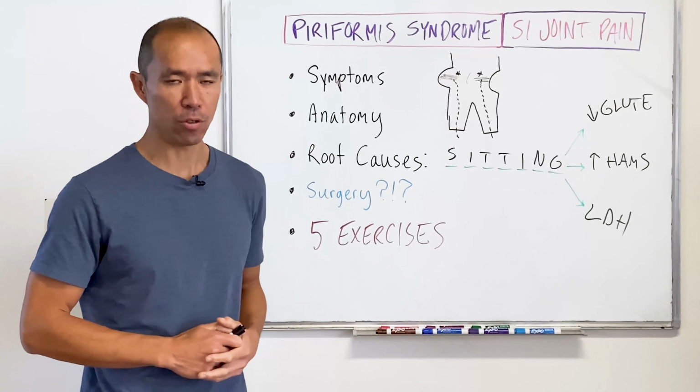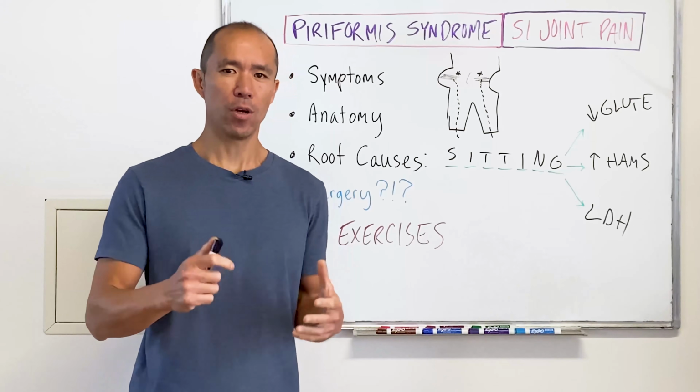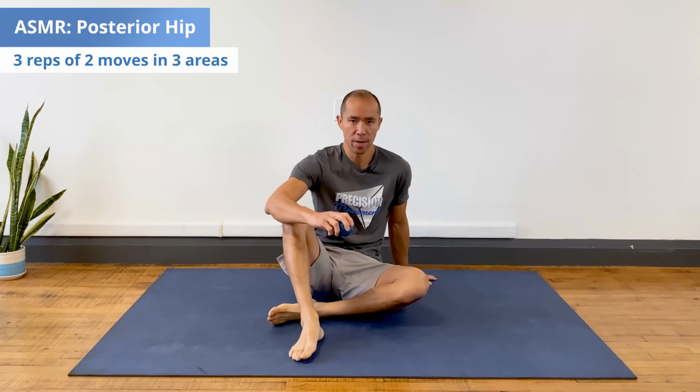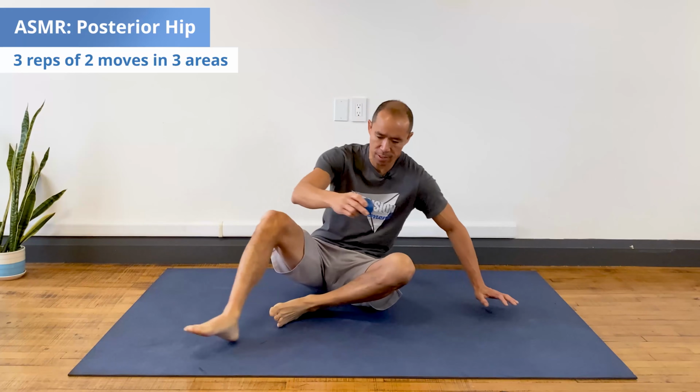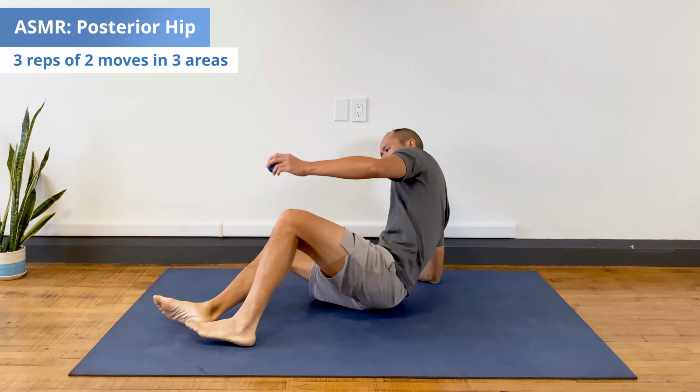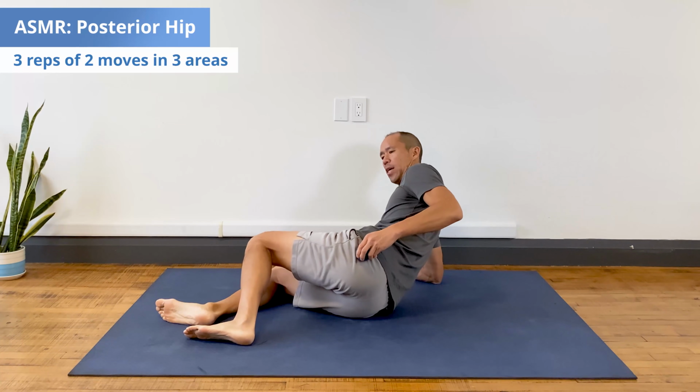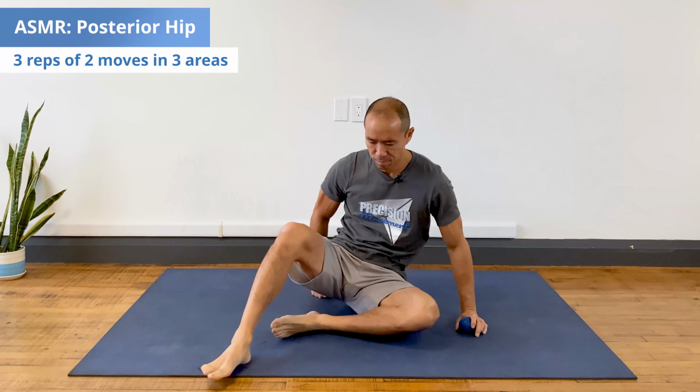And that's what we're going to get to right now, the five exercises to help you with your piriformis syndrome or SI joint dysfunction. The first exercise is ASMR for the posterior hip, and we're going to focus on the piriformis muscle itself. In terms of ball placement, you're going to be around there. We're going to hit three different spots along that horizontal band across your upper butt.